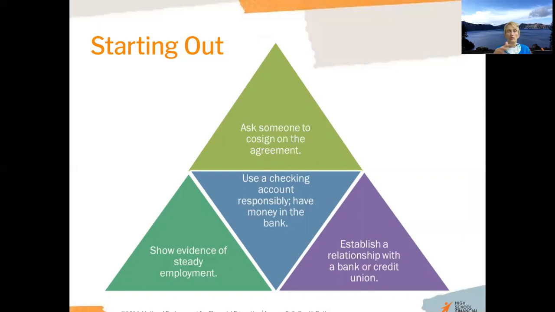Because even though they all report things, you've already had a relationship. You could also set things up like auto pay, and they're even more likely to extend credit if you have it set up on auto pay. Or if you have direct deposit of your paycheck, they're like, all right, your paycheck is coming straight here every month or every 2 weeks or whatever, and you're willing to let me take our payment straight out.